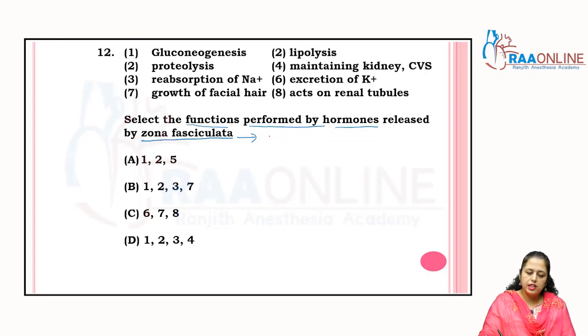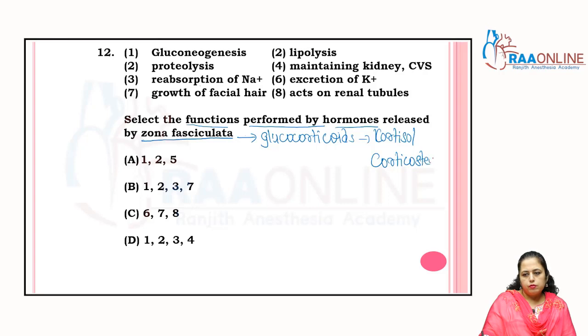So zona fasciculata secretes the glucocorticoids, like, for example, cortisol and corticosterone. Clear? Cortisol and corticosterone.